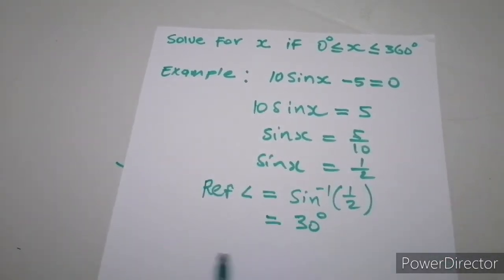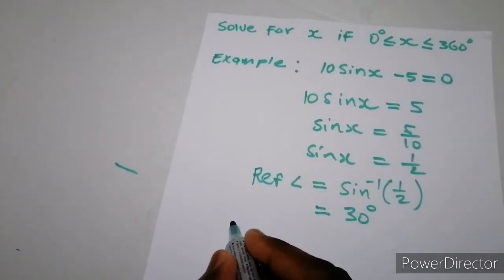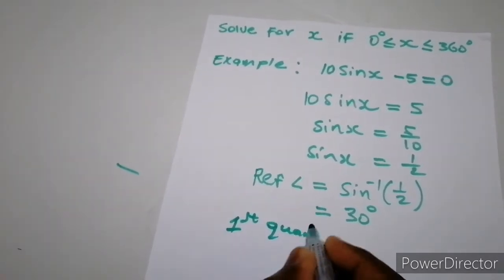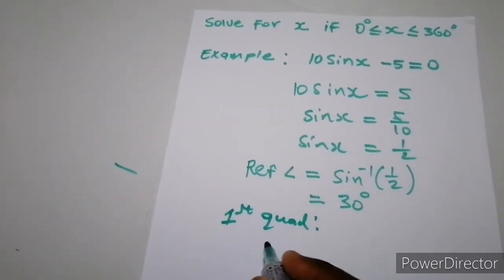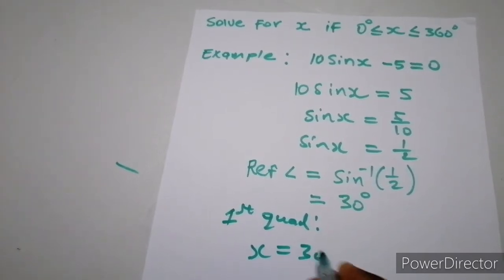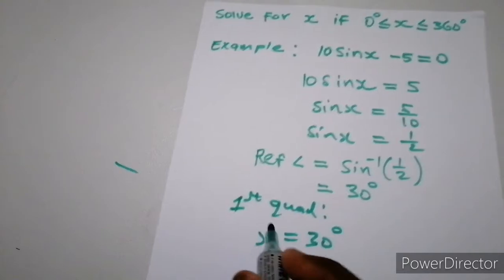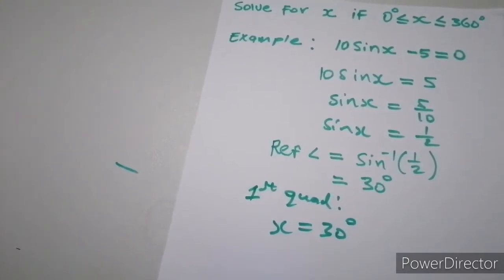Now, in the first quadrant, x is exactly 30 degrees. That's where the sine of an angle is positive. Right, then we're going to move on into the second quadrant and find the other angle.